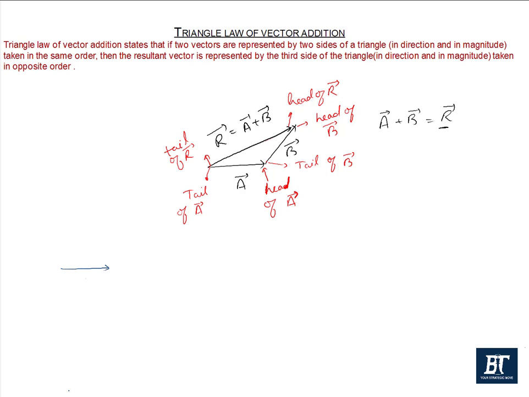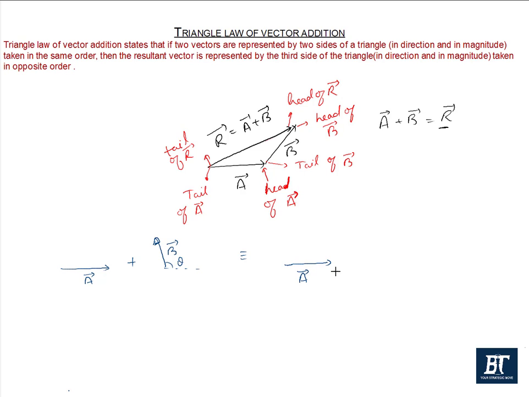Let's take an example. We have to add vector A and vector B, and the angle B is making with the horizontal direction is theta. So first we have to fix any one vector keeping its magnitude and direction fixed.